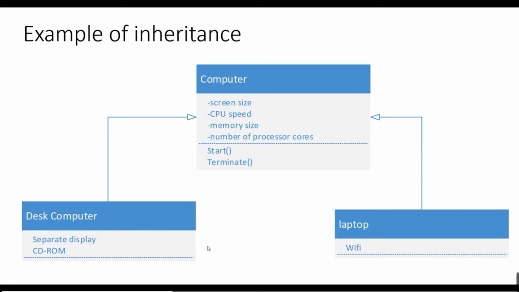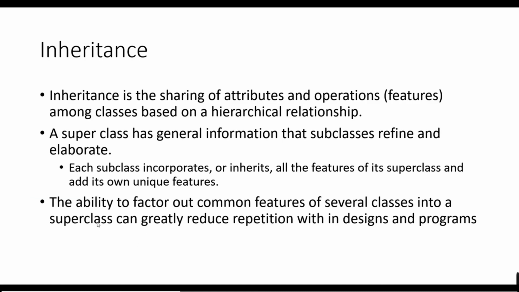And we have found some common attributes for the superclass and some unique attributes for the subclasses, and through the sharing of this information we have decreased the work, or we have simplified the system design. So the ability to factor out common features of several classes into a superclass can greatly reduce repetition within designs and programs.